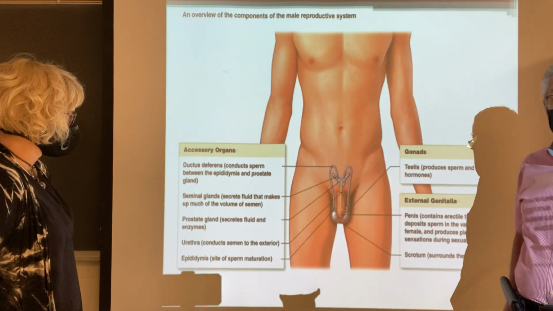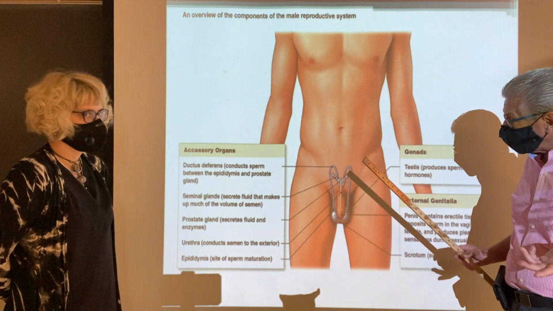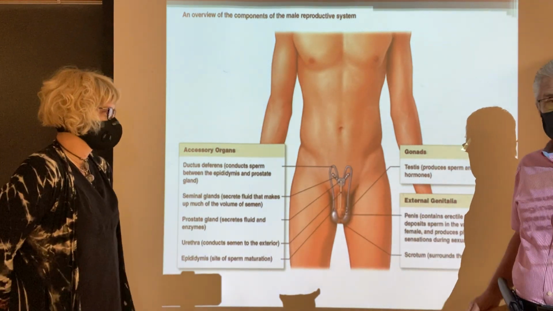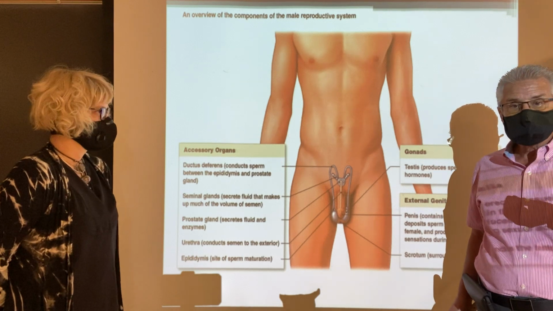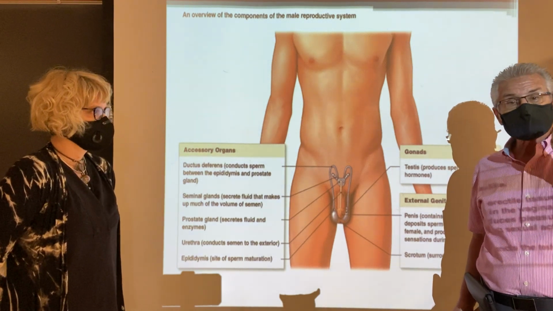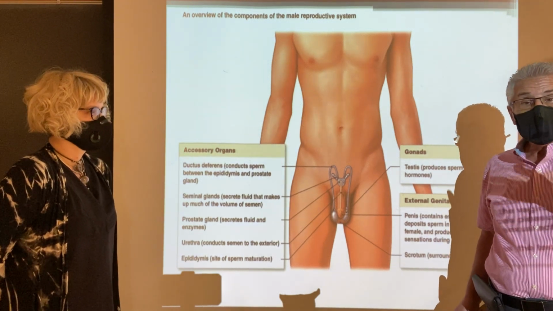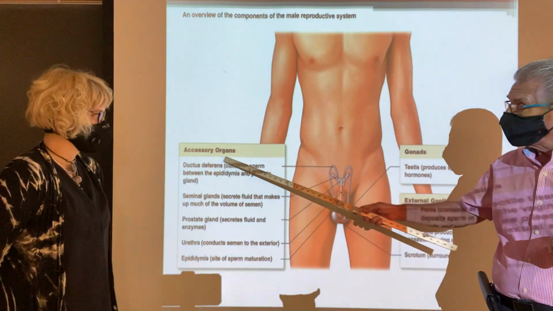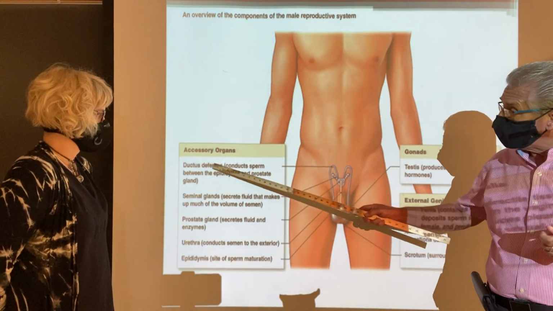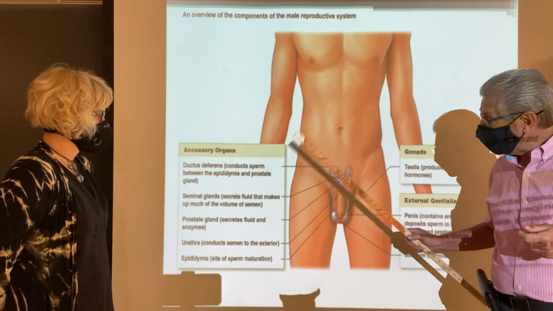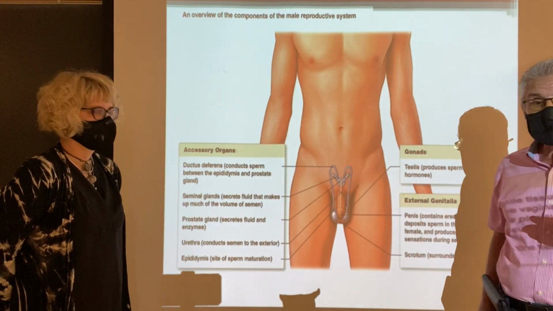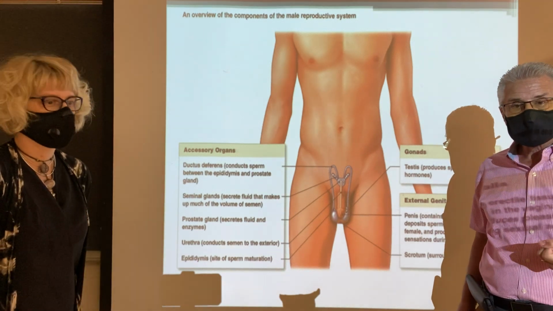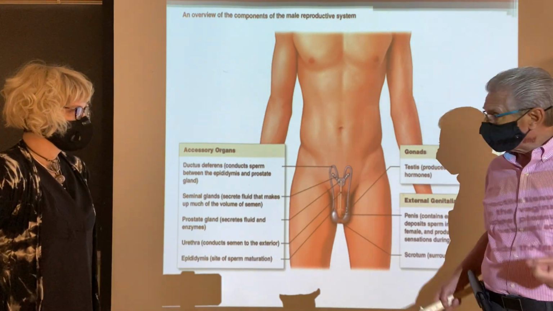But that's not the whole story, because how do we mobilize the sperm? We mobilize the sperm with fluid, testicular fluid, and accessory fluid from the organs that are involved in maintaining the sperm on their journey to the external arena.